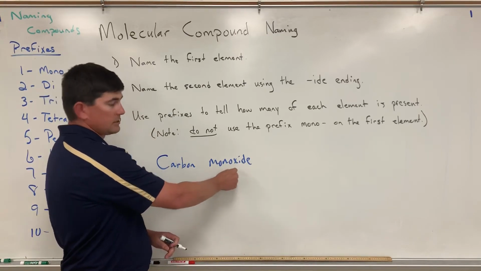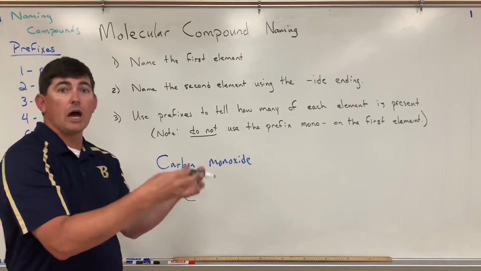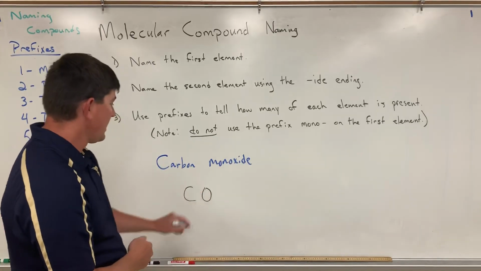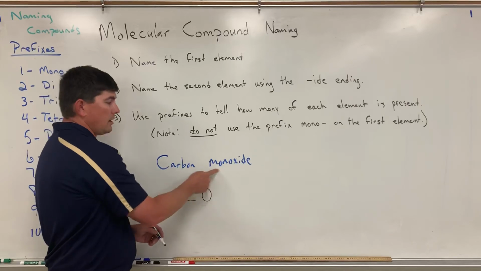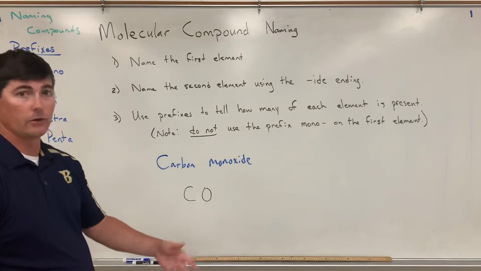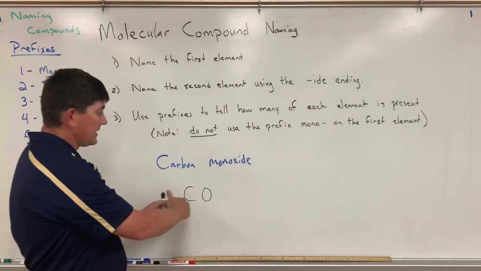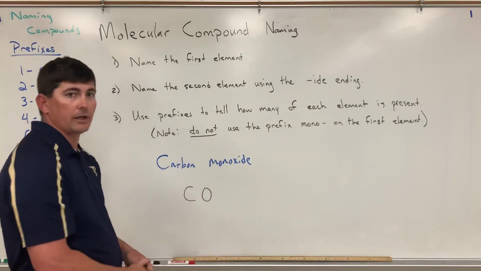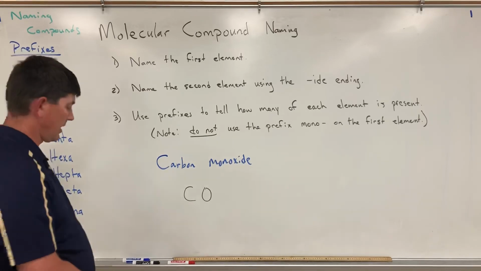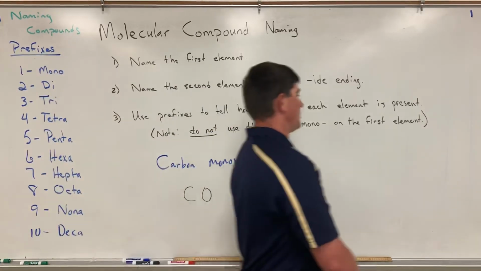That OX tells me I'm dealing with oxygen, oxide, right? So I got oxygen, and since there's only one of these oxygens, then my formula is simply CO. CO, capital C and capital O, is carbon monoxide. Pretty simple, okay?